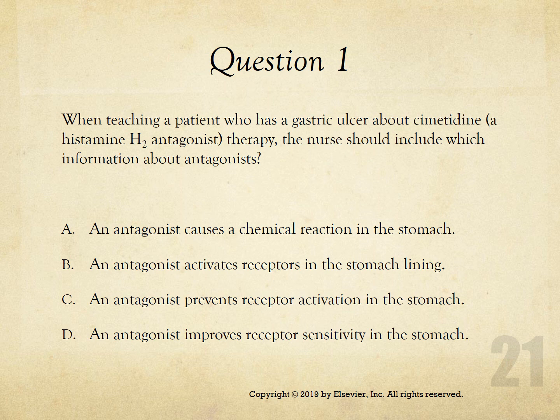So the answer here would be C, that the antagonist prevents receptor activation in the stomach. Okay, so it doesn't activate anything. Remember from the previous content, it doesn't make its own reactions at all. It doesn't change reactions, but it will prevent the reaction. Otherwise, there is no effect from it at all.